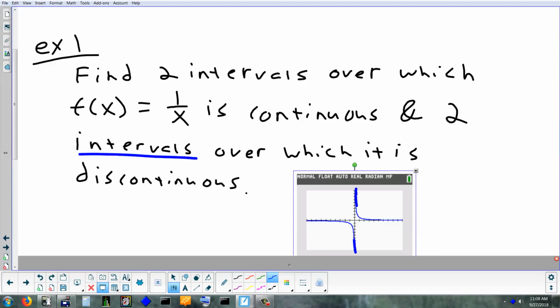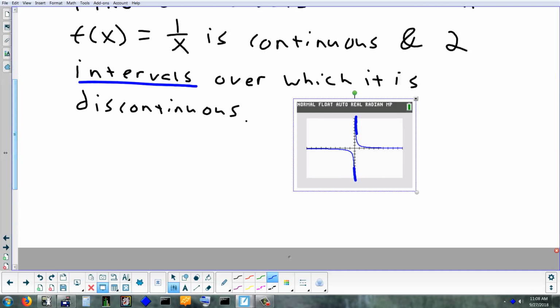So when we name intervals, we're talking about x values. You tell me a starting x value, tell me an ending x value, and I want to see if I can trace between them. So let's start with a continuous interval.